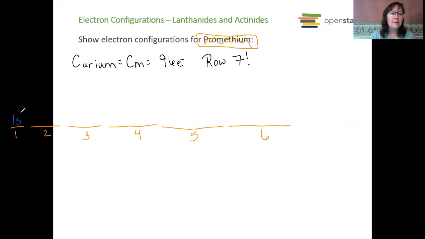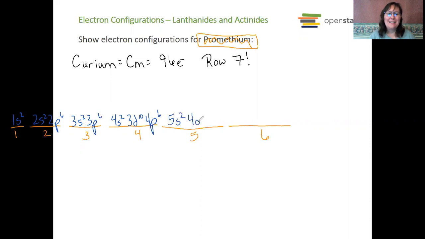So 1st row is 1s2, 2nd row, 2s2, 2p6, 3rd row, 3s2, 3p6, 4th row, 4s2, 3d10, 4p6, 5th row, 5s2, 4d10, and 5p6, and 6th row, 6s2, now remember this from the last one, 4f14, okay, 5d10, and 6p6.